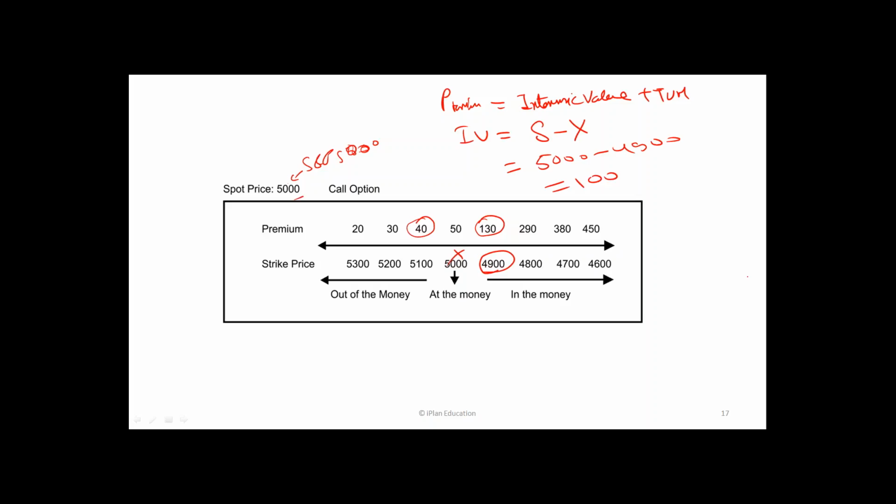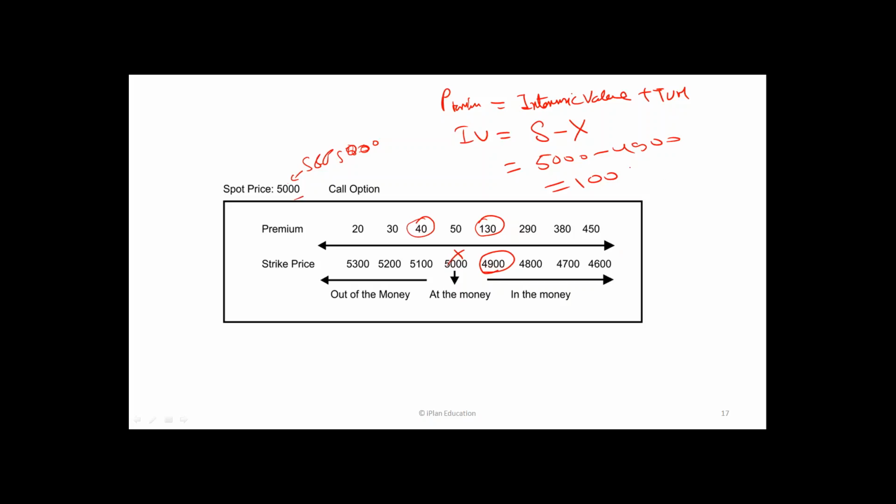If you're buying it cheaper, how much cheaper? You're buying it 100 rupees cheaper. So that is the intrinsic value. If you are buying out of the money, then there is no intrinsic value because you are buying already costly. You're buying at 5,100 whereas the market is 5,000. So there will be no intrinsic value, because you're buying costly.